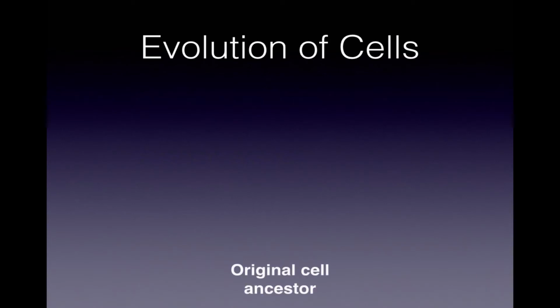So sometime about 4 billion years ago, the original cell ancestor evolved on Earth. How this happened and where this happened, nobody knows for sure, but there are some pretty good theories. All right, we have descendants of these original cells alive today, and they're called archaebacteria. And these are the bacteria that live in really weird places, like in hot water inside of geysers, or in deep underwater crevices or vents where hot water is being spewed out.